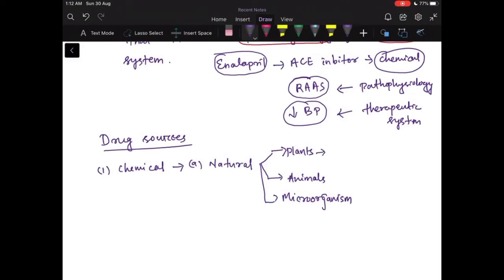The examples are morphine, digoxin, quinine and reserpine.